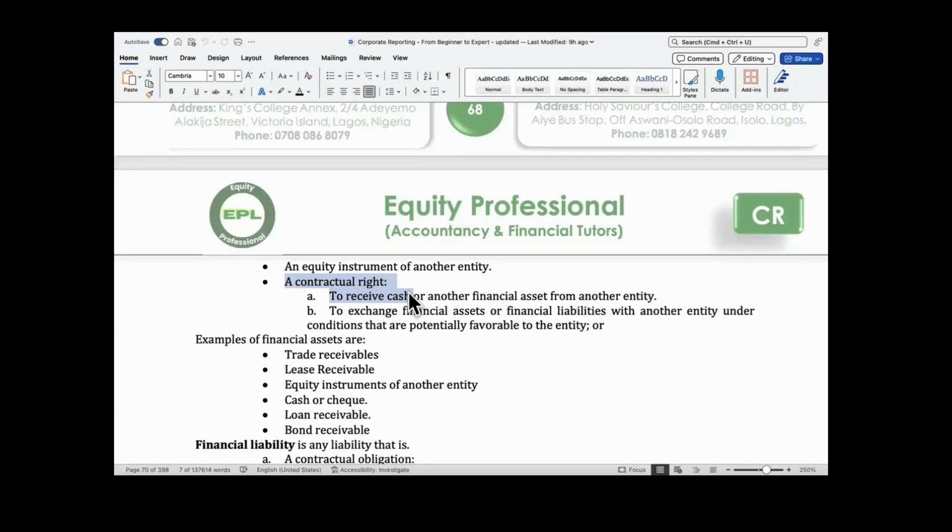Or when you are the landlord, you have a property, you have a contractual right to receive cash. You have a financial asset. Not only cash, it could be another financial asset.